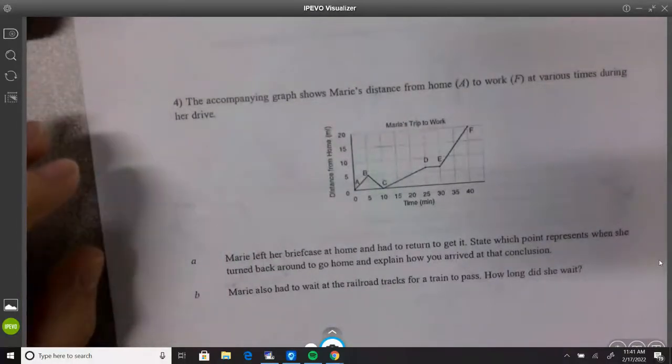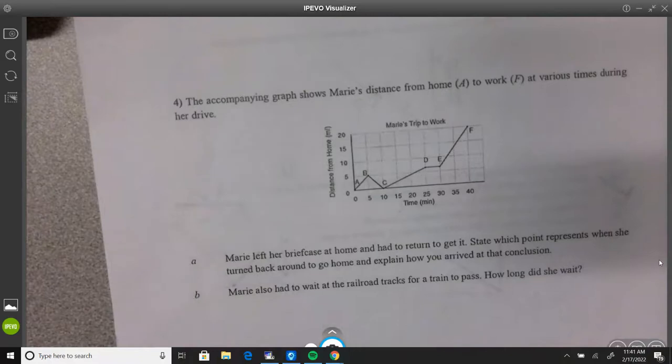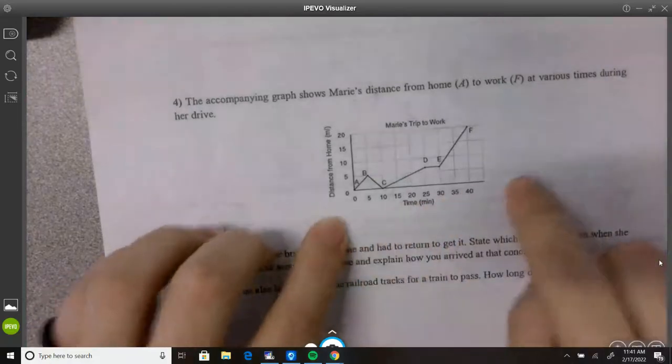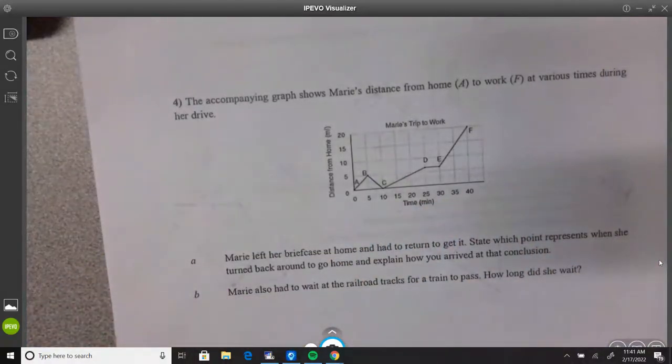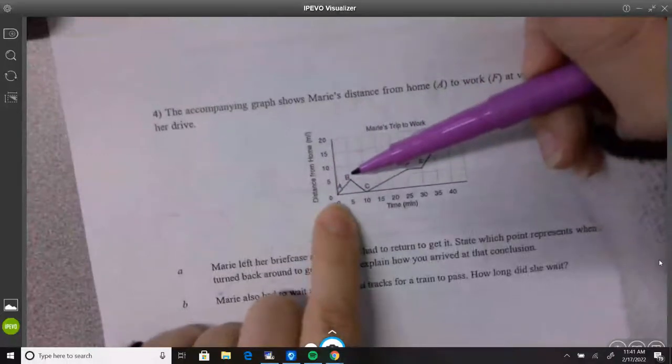All right, question 4. The accompanying graph shows Marie's distance from home to work at various times of her drive. So we're looking at our graph right here. Question A, Marie left her briefcase at home and had to return to get it. State which point represents when she turned around to go home. Well, just like with up here, when Jen went home, Marie, she's going back home.